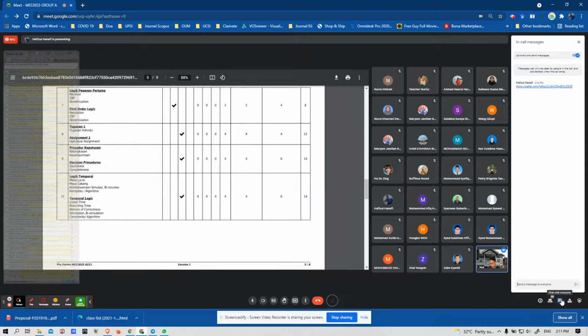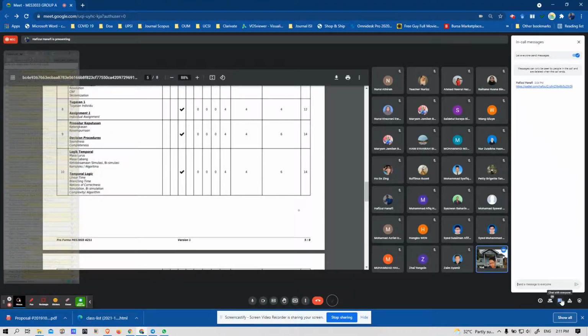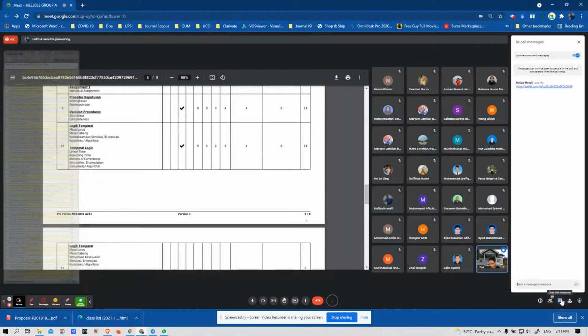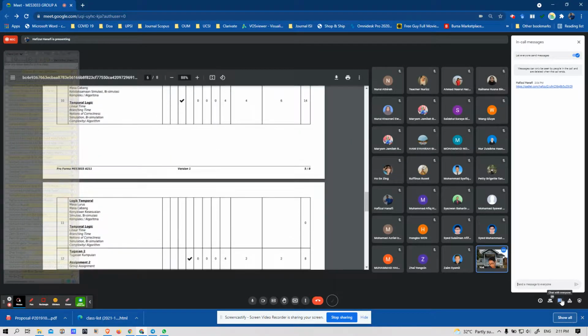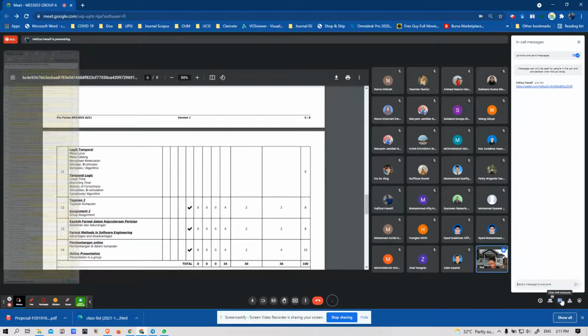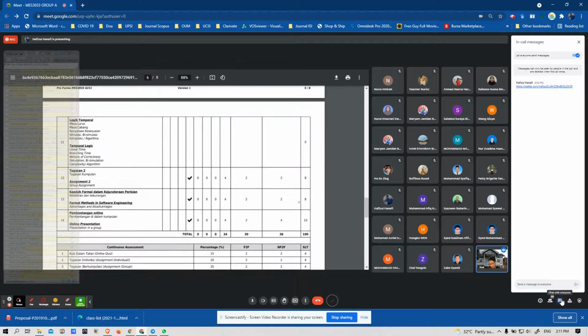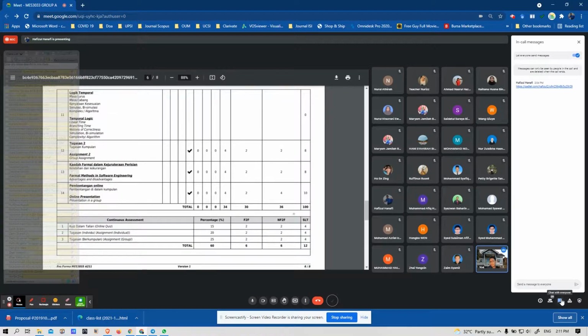We also discuss temporal logic, which is more on the applied application that has been implemented in formal methods. Then we have assignment 2, and then online presentation.